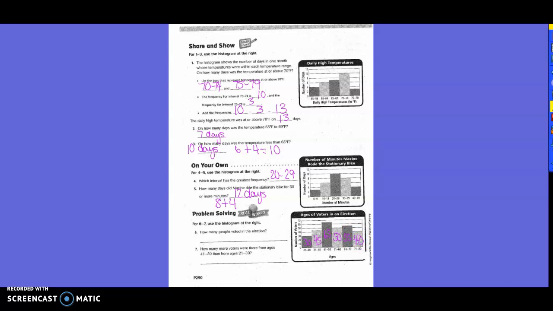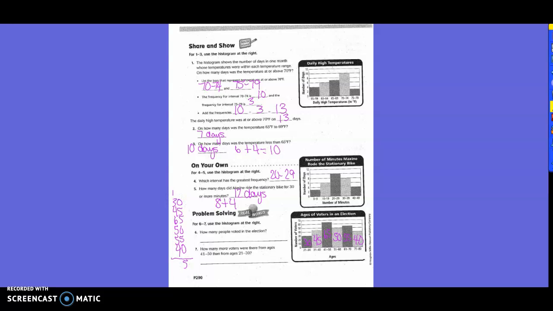So we need to add all those together. 30 plus 45 plus 65 plus 50 plus 55 plus 40. If you add all those together, 5 plus 5 plus 5 is 15.